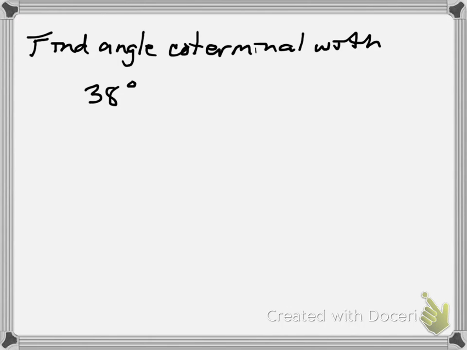So, how do I find the angle that has a measure of 38 degrees, an angle that's coterminal with a 38-degree angle? Would you just add 360? Yes, you would add 360 to the angle.